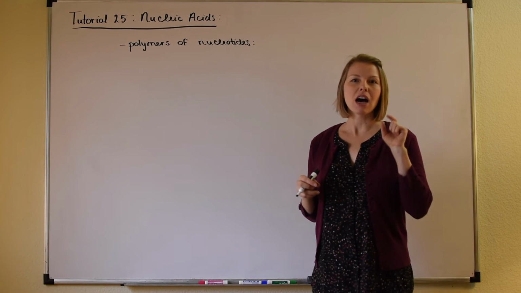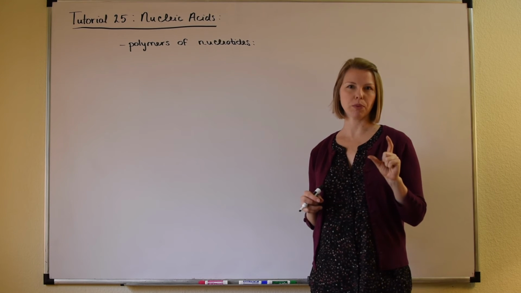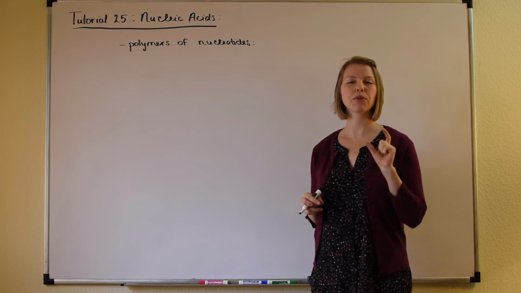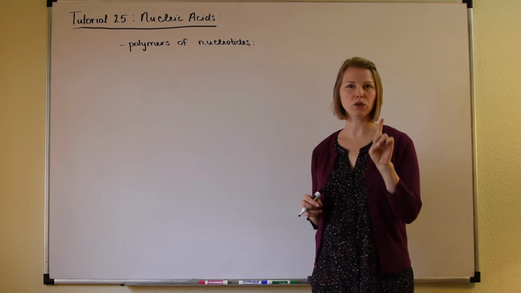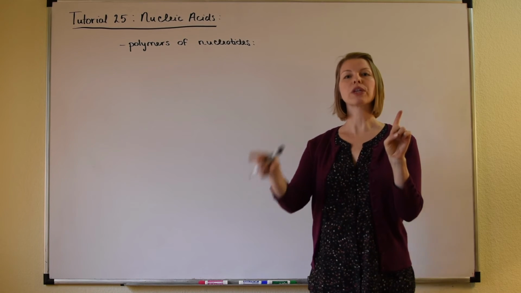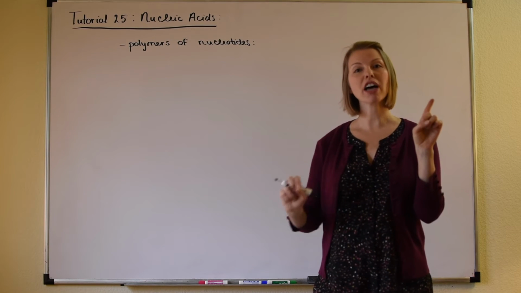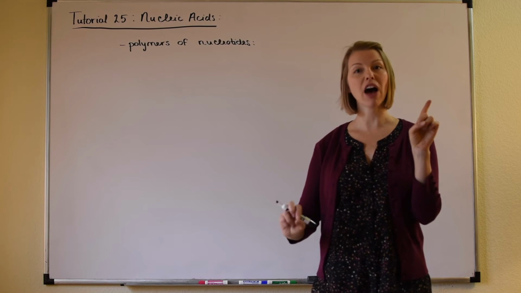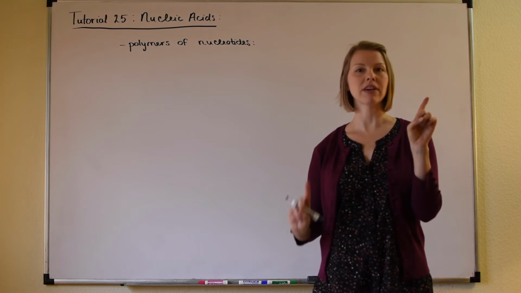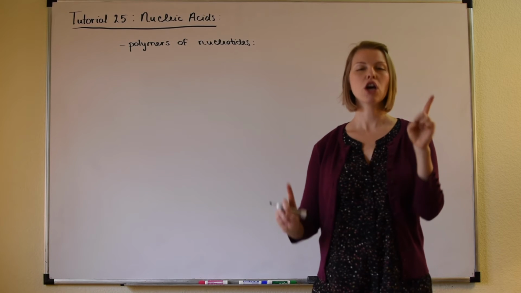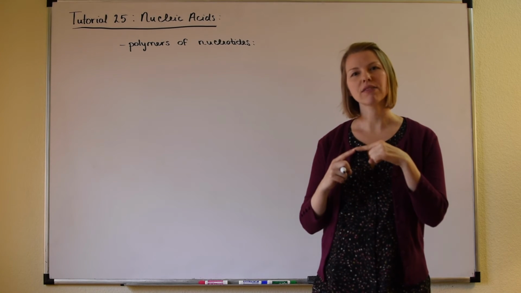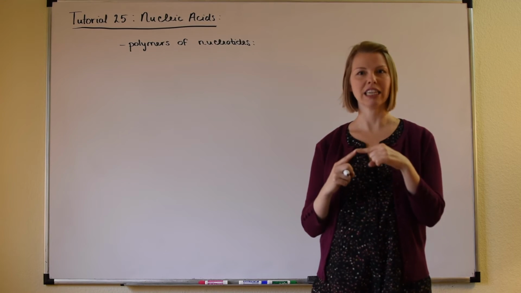So the alcohol functional group off of the 3' position of one nucleotide will react with the phosphate off of the 5' position of another nucleotide, creating a phosphate diester linkage.